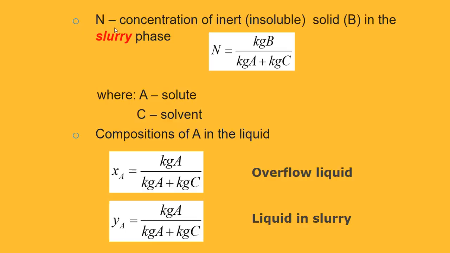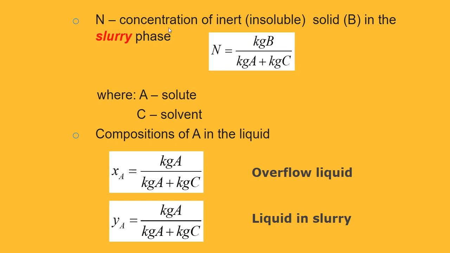So N is the concentration, as I have mentioned a while ago, of the inert insoluble solid B in the slurry phase. If you're wondering why take note of the N, in the first place we know that this B is not changing. We have already established that the inert solid will not change from one thickener to another or from one equipment to another. Then why is this going to change?